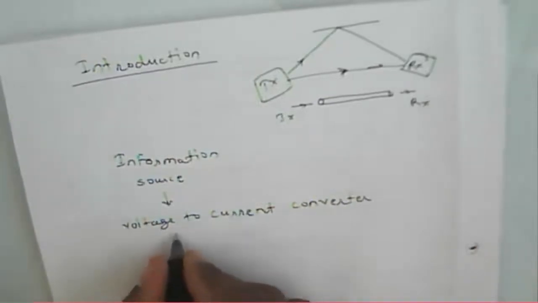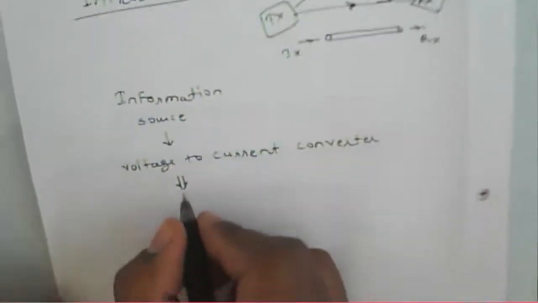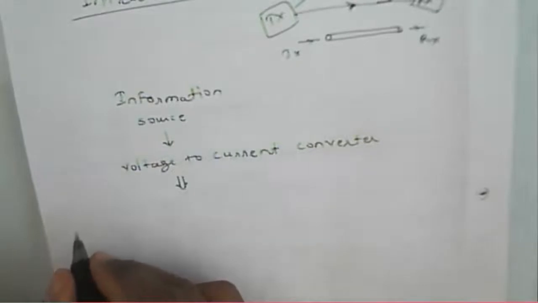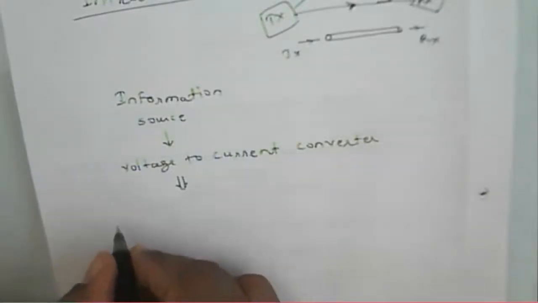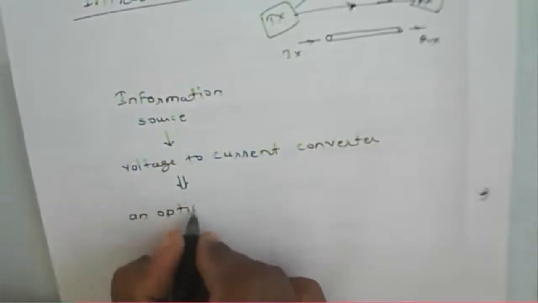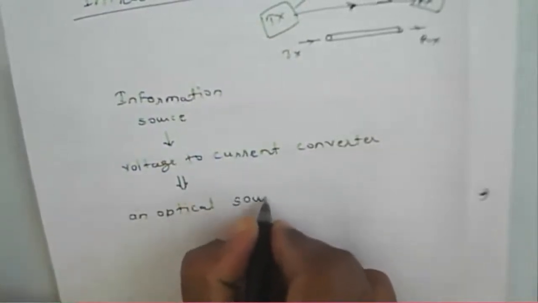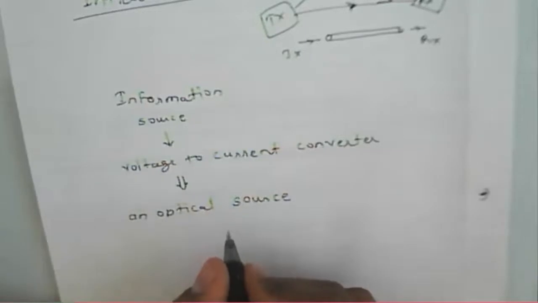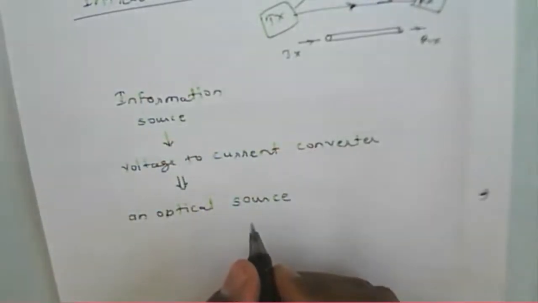Now this current is there, and based on this current we use an optical source. Whichever current is applied to this optical source, it will convert that into optics, or light.